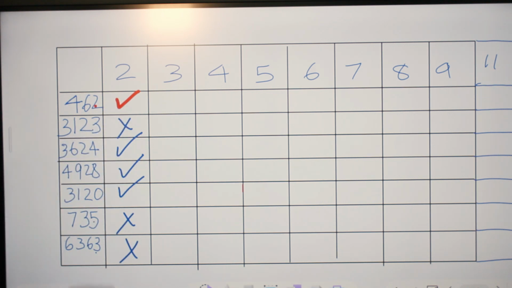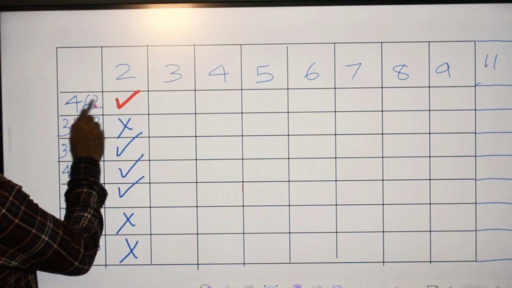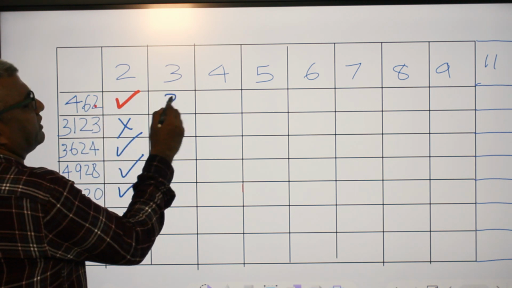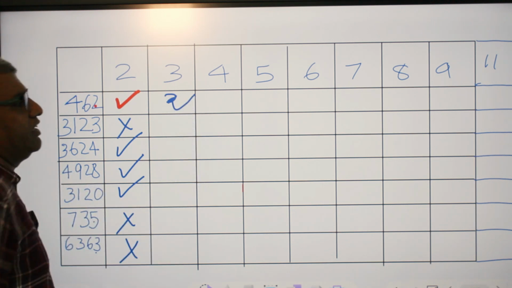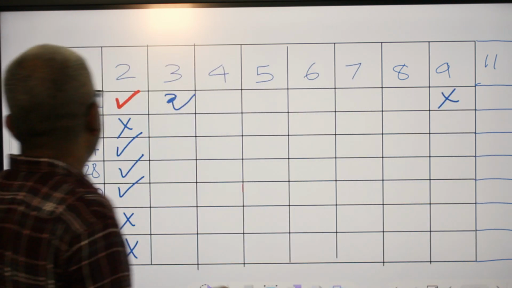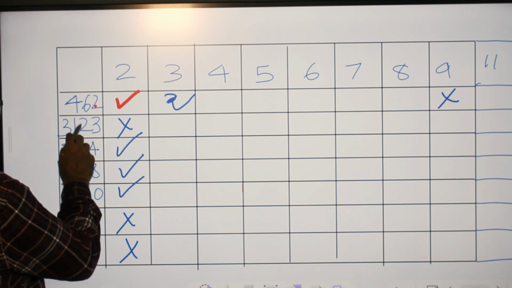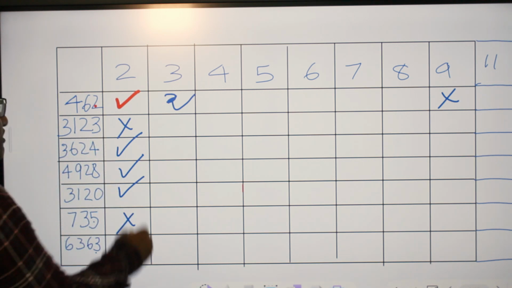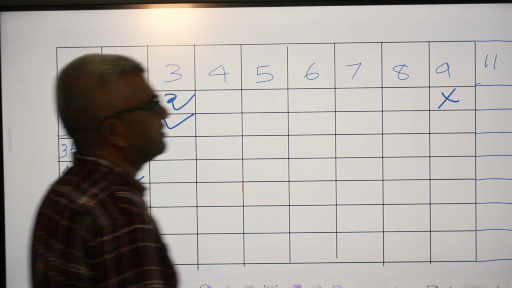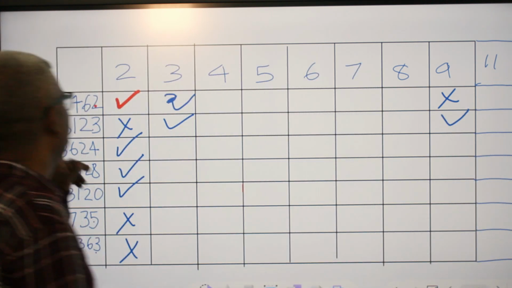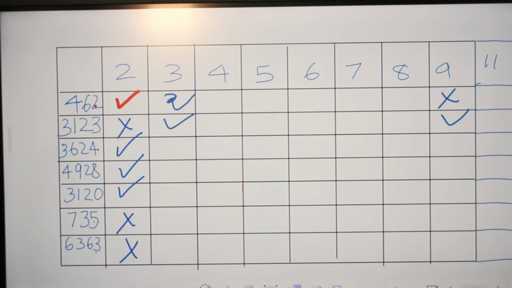For 3, 4 plus 6 is 10, 10 plus 2 is 12. 12 is divisible by 3, so it is yes. 12 is not divisible by 9, so here no. 3 plus 1, 4, 4 plus 2 is 6, 6 plus 3 is 9. 9 is divisible by 3 and 9 is divisible by 9 also.